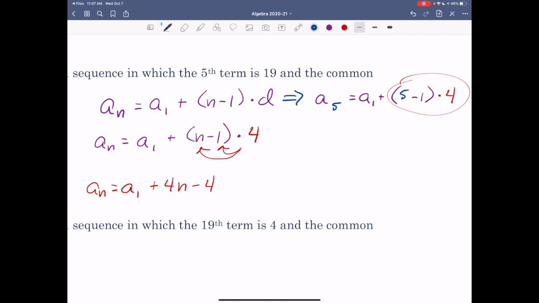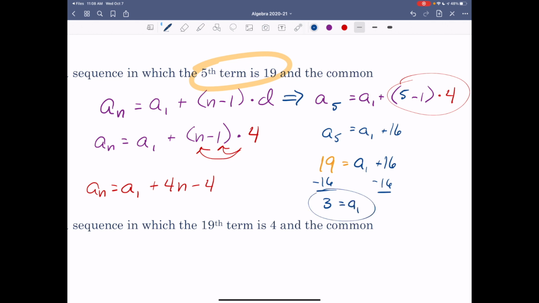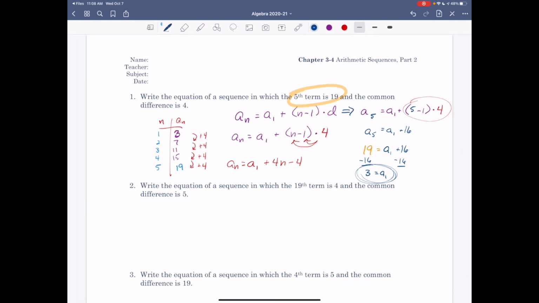So what we end up with is a sub 5 equals whatever a sub 1 is plus 16. Now, last of all, do we know what a sub 5 is? What is it? 19. So it must be 19. That's equal to a sub 1 plus 16. What does that mean about a sub 1? And so that's how we can say, oh, that first term has to be 3.